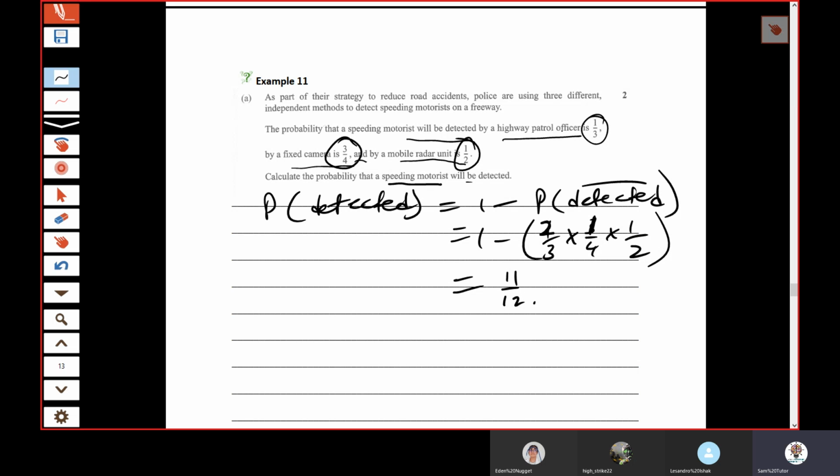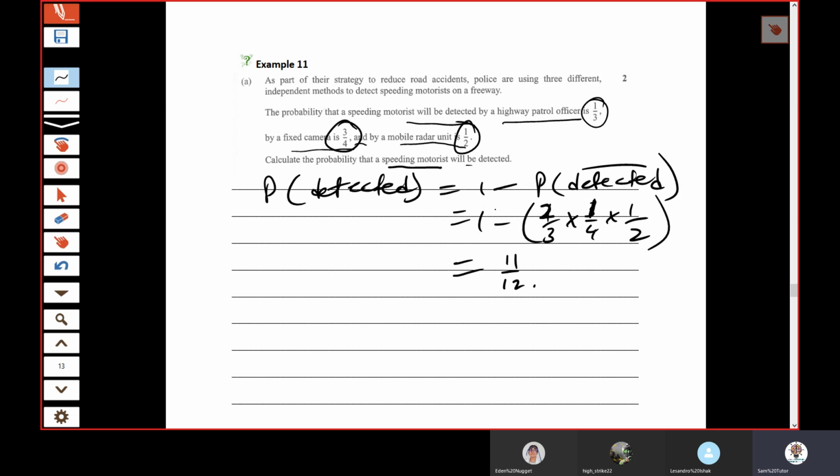I wonder why you can't go 1/3 times 3/4 times a half, because that would be the probability of being this and this and this. Very interesting. Whereas this is the probability of not detected by this and not detected by this and not detected by this. Yeah, that's smart. That is really smart.